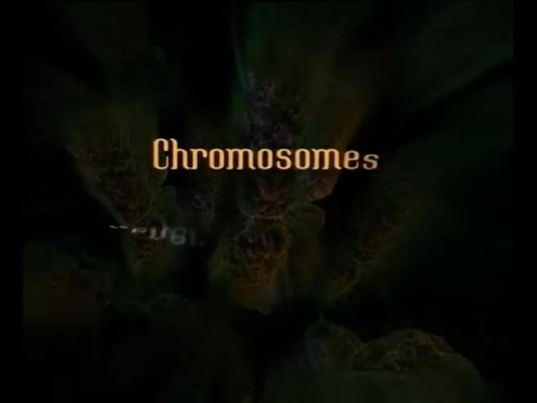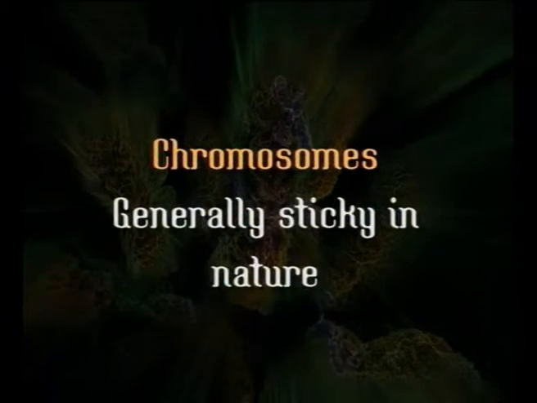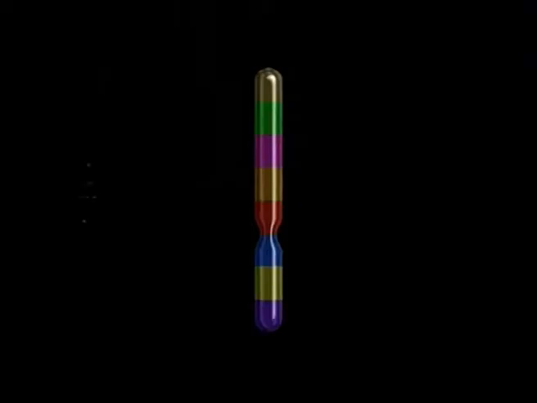Basically, the origin of these structural changes is by a breakage and reunion process. Breakage means the chromosomal segments within the chromosomes break, and then these broken segments reunite. They are generally sticky in nature and reunite with either their own ends, or with other chromosomal ends, and in this way different types of structural changes can occur.